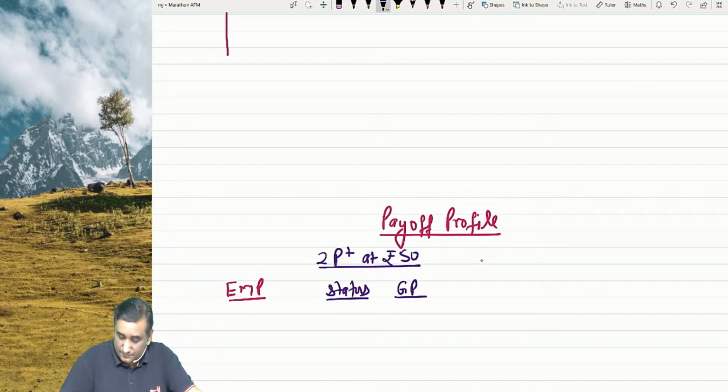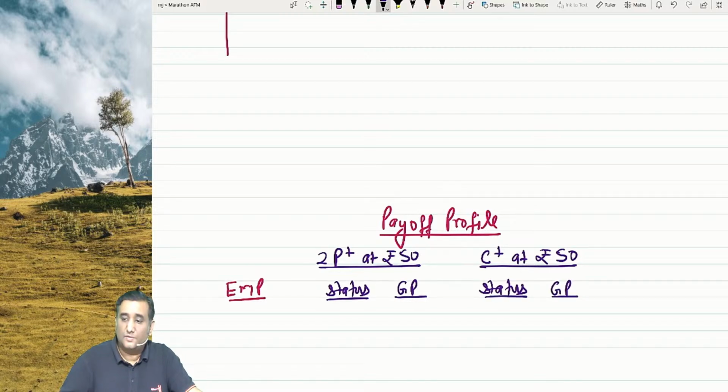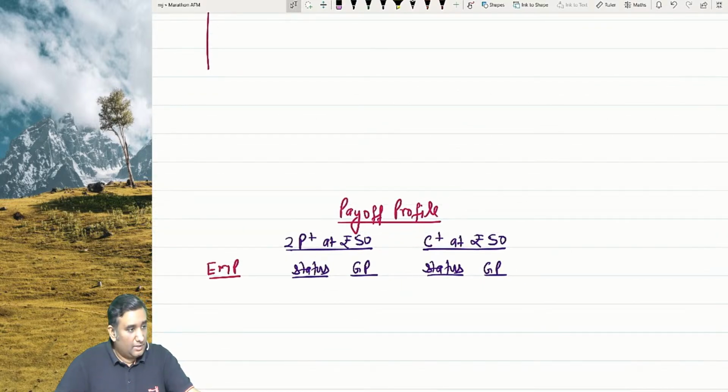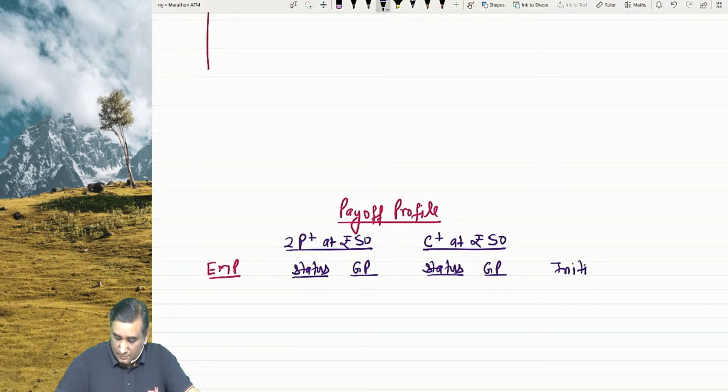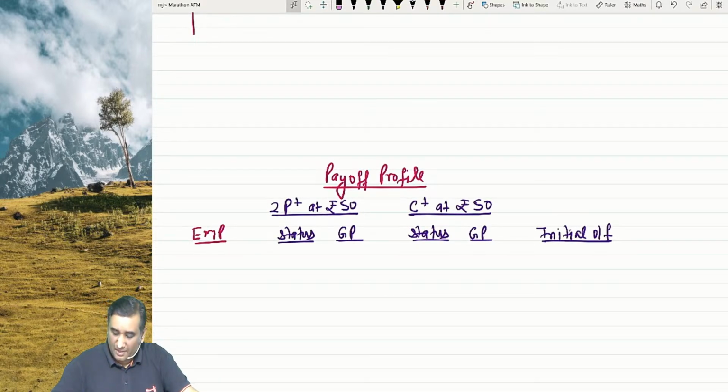Then I have what? P plus at rupees 50. And then I have initial outflow. Net payoff.